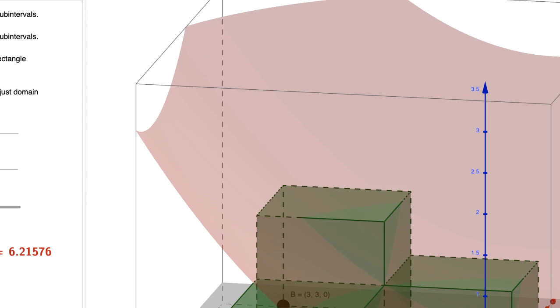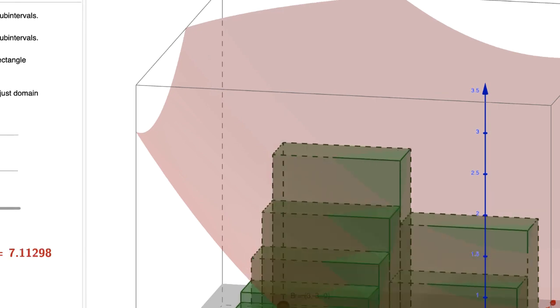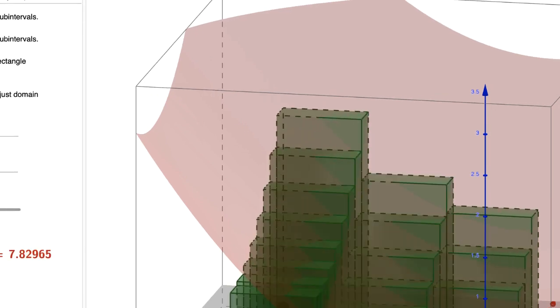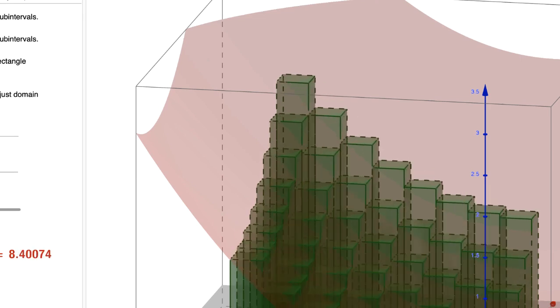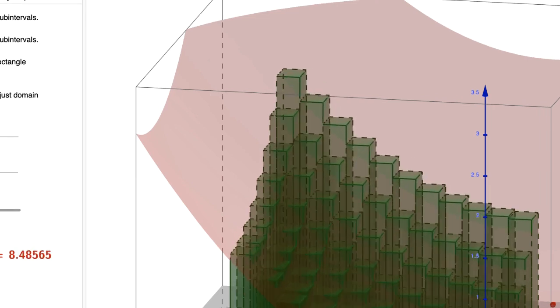So for example, as I make the boxes thinner, which is what's happening here, you see the total difference between the volume between the surface and the floor versus the volume of all those green boxes added together keeps getting smaller and smaller.